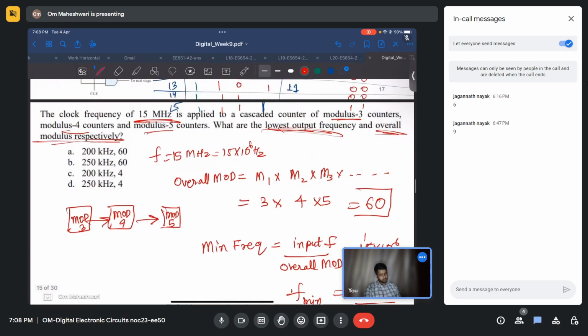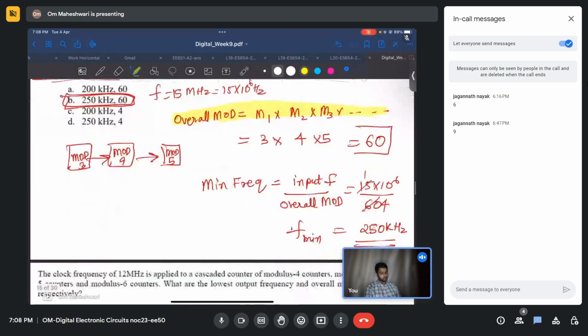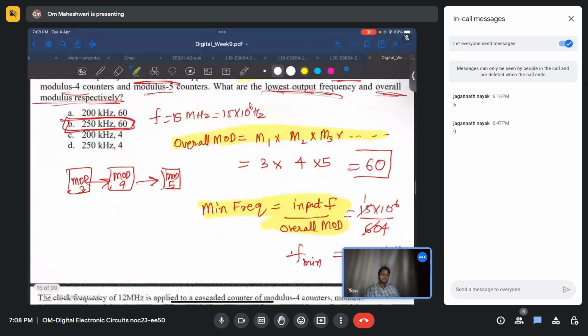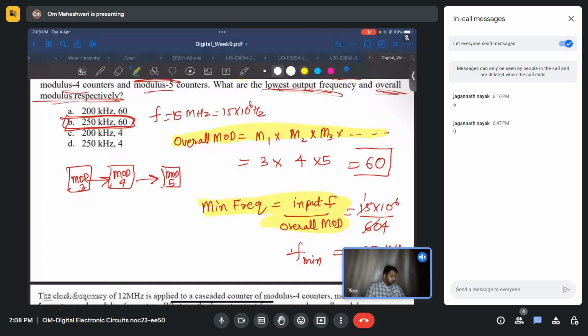So the answer is 250 kilohertz and mod 60. Just remember this in cascade, and frequency is input frequency upon mod. These are always true. These are formula based, so just remember this. Is it fine?